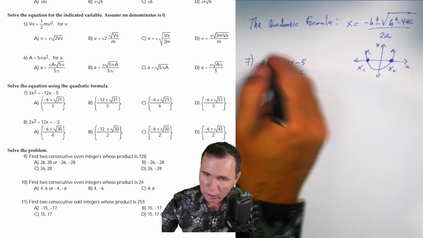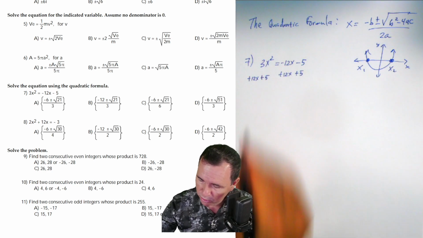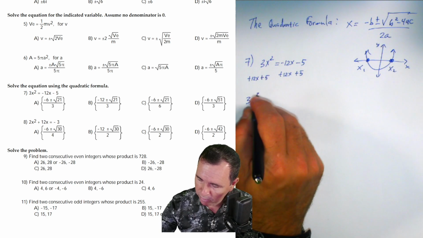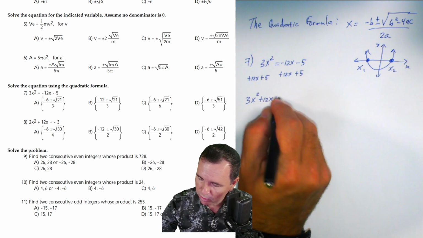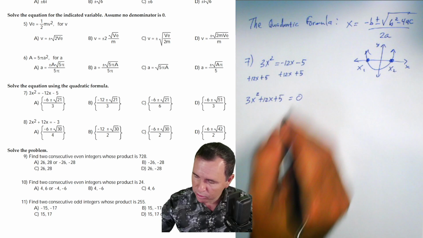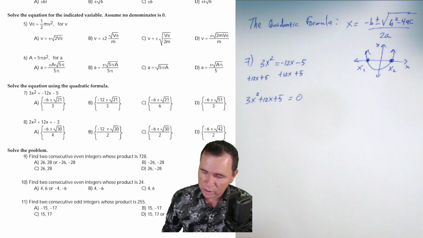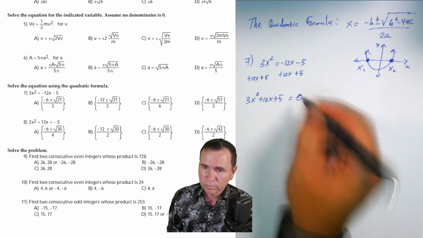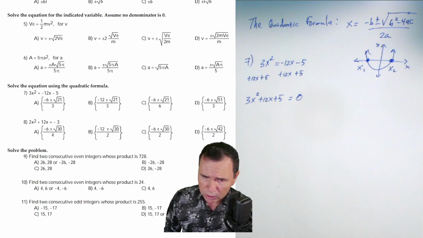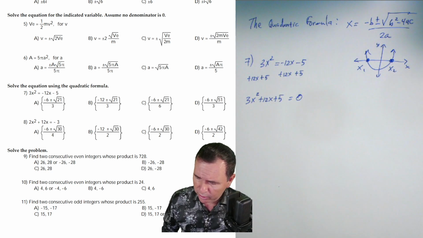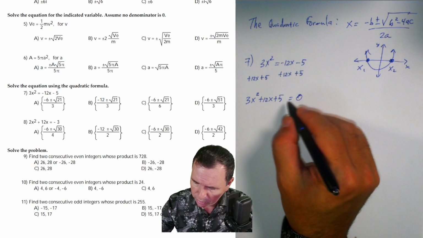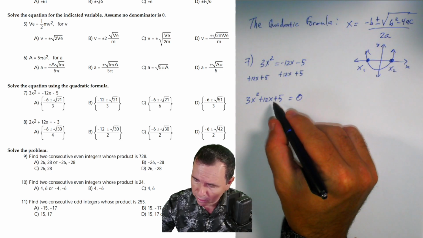And now these three things are very different, so you cannot combine them. So you just write them next to each other. Okay, this is what's called zeroing out one side. This is 0. Okay, so then what? By the zero factor property, we can apply the quadratic formula.